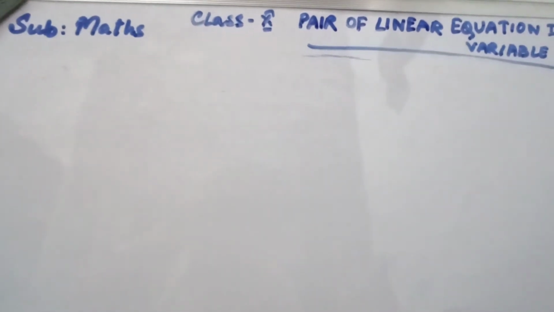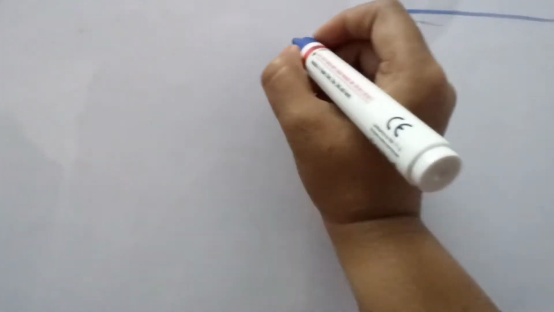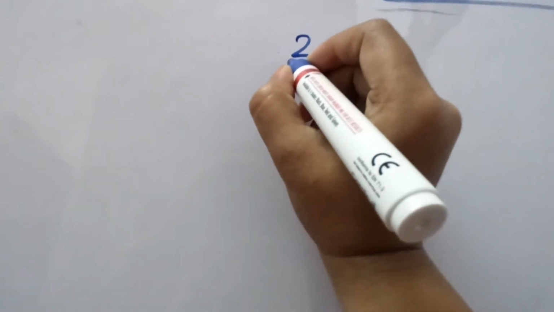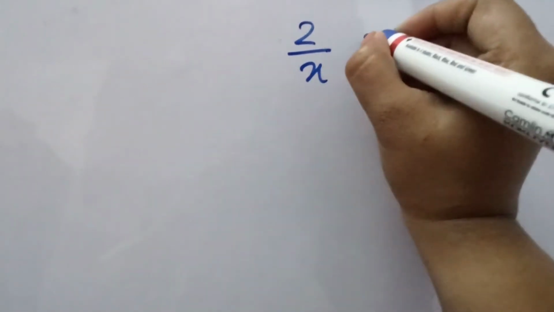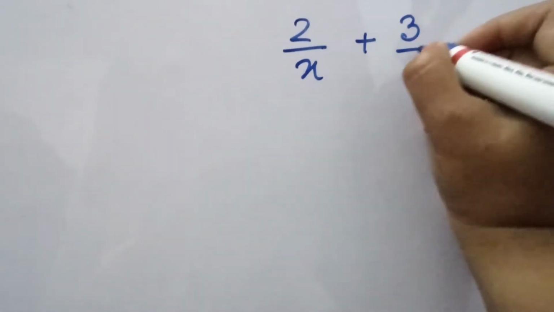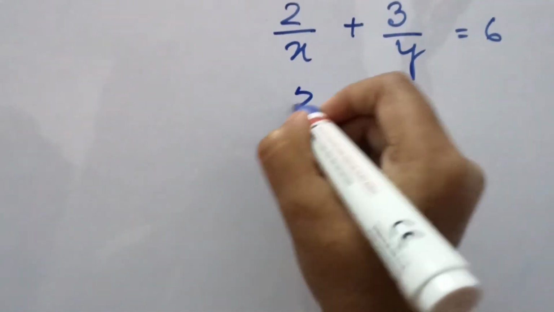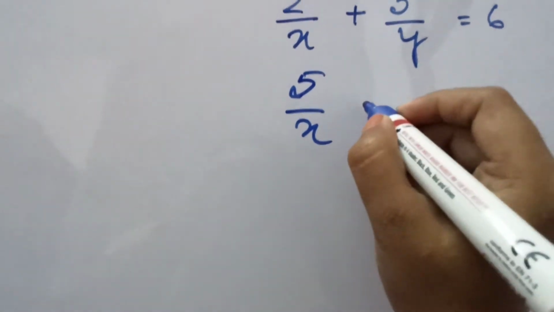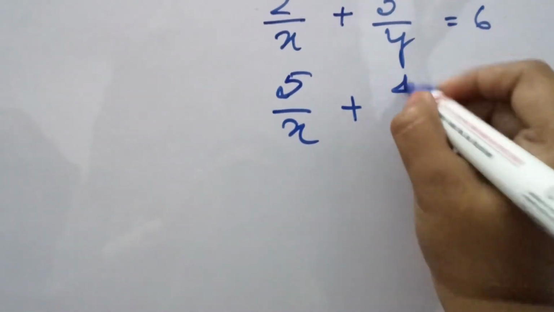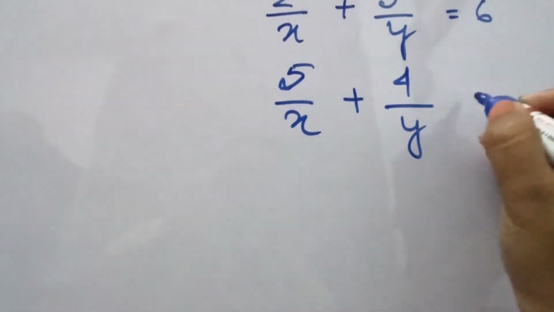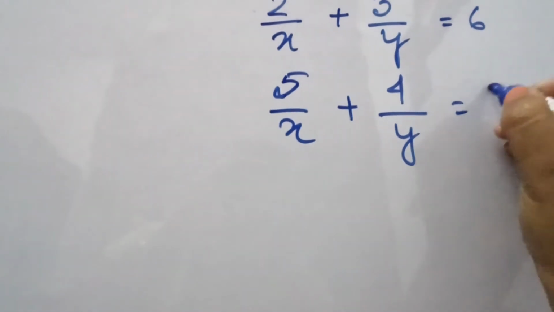Next we will be considering the next equation. Suppose one equation is like 2 by x plus 3 by y is equal to 6 and 5 by x plus 4 by y is equal to 8.